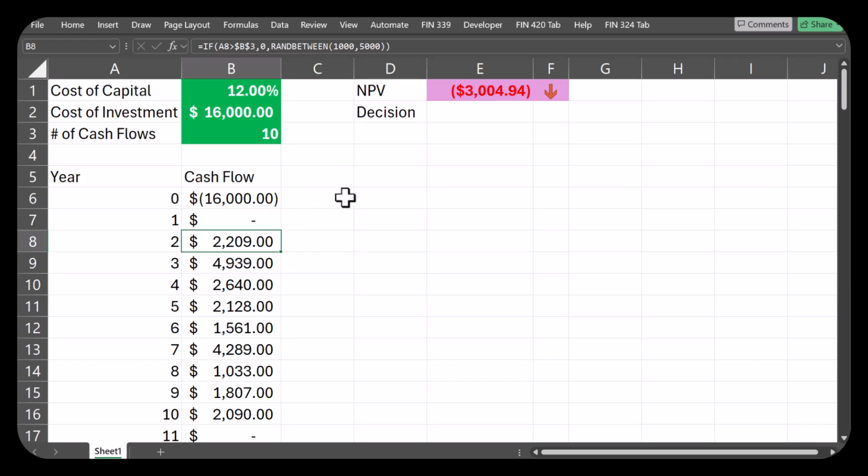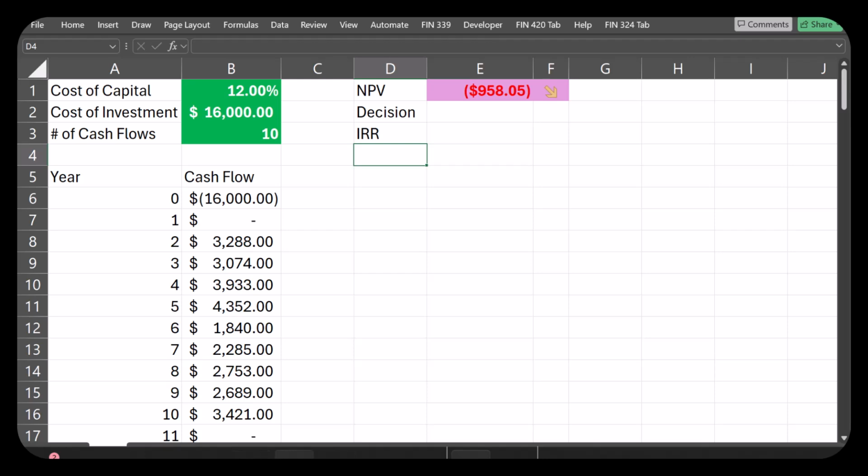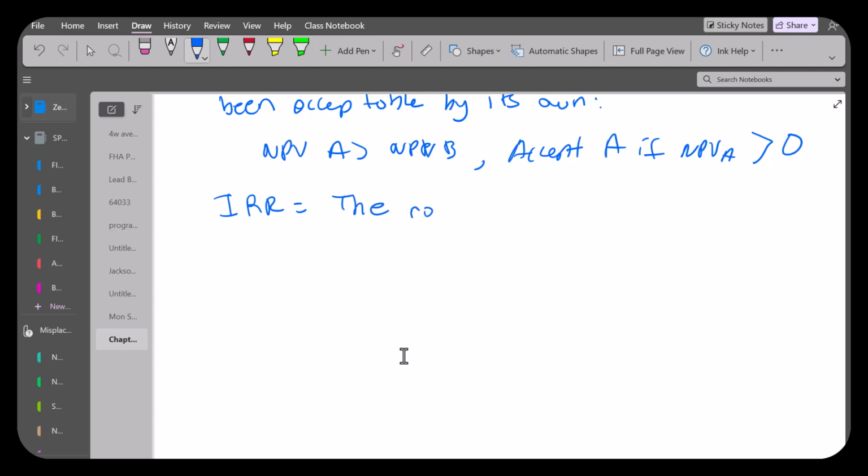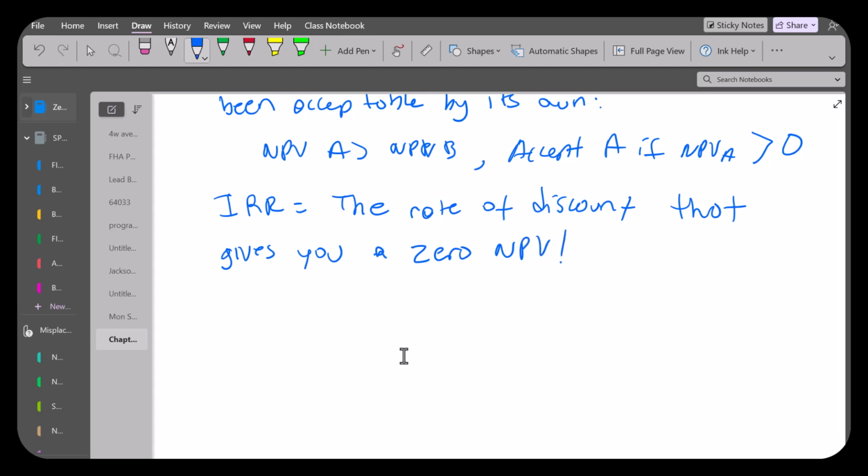Now let's calculate another one, IRR. First, let's define mathematically what it is. The rate of discount that gives you a zero NPV basically means the following.